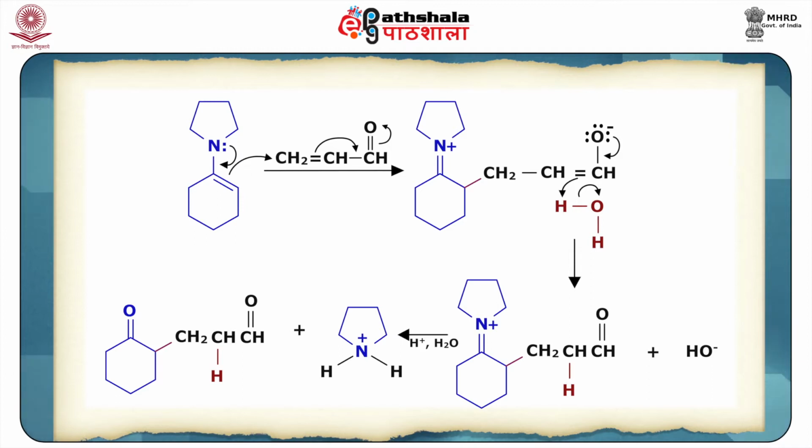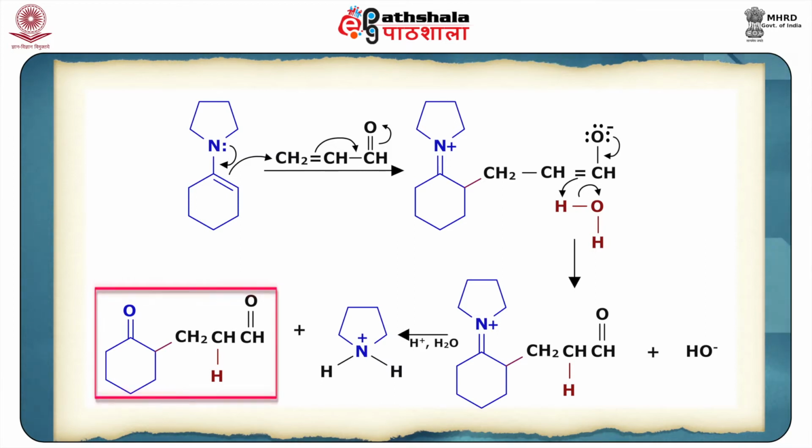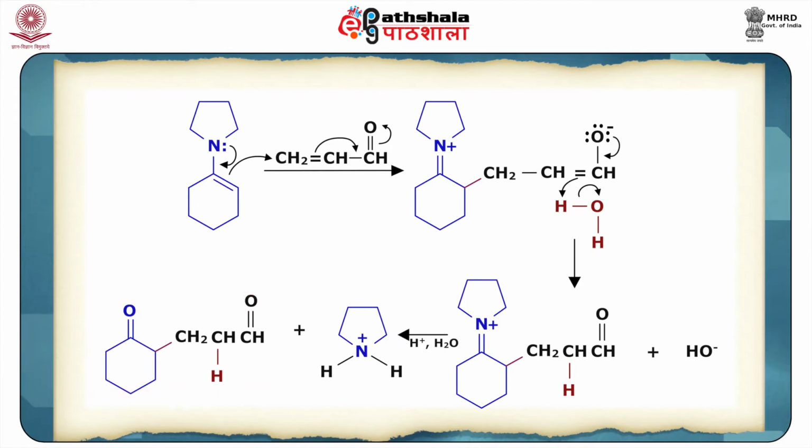And further, when this is subjected to hydrolysis, the C=N bond undergoes cleavage, and you get a carbonyl in its place. You are already familiar that imines on hydrolysis will give you ketones. So, this is the imine hydrolysis conducted in the last step, and that is how you can get this type of molecule via the Stork enamine reaction.